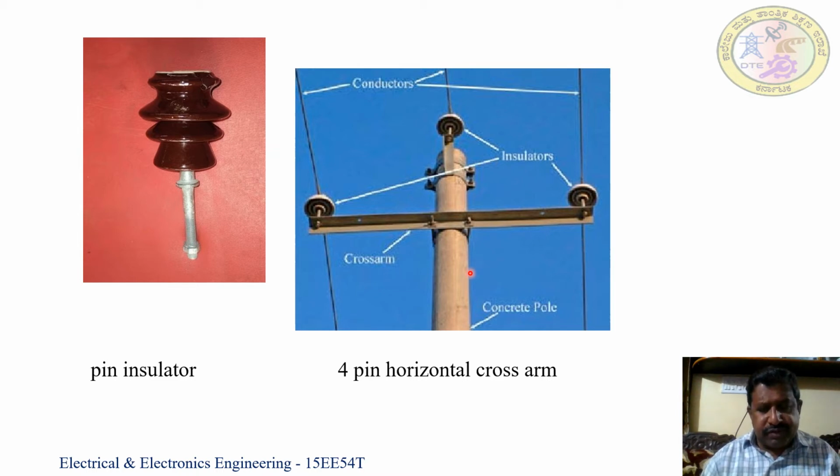Here the pole is tapered. So why is this tapered? So that the clamp for fixing of this cross arm may not go down. So it stays on the same position where we are going to fix it on the pole.